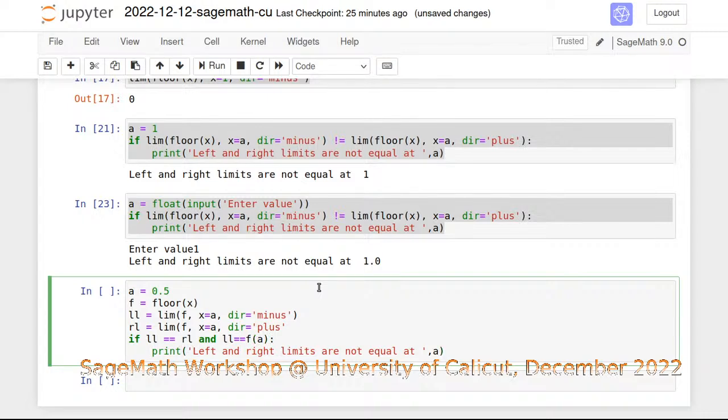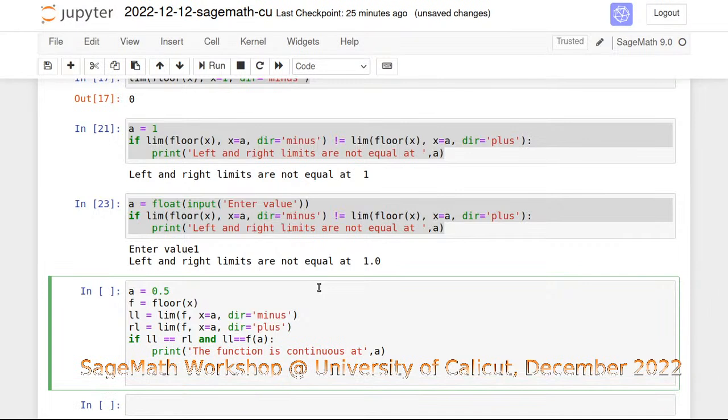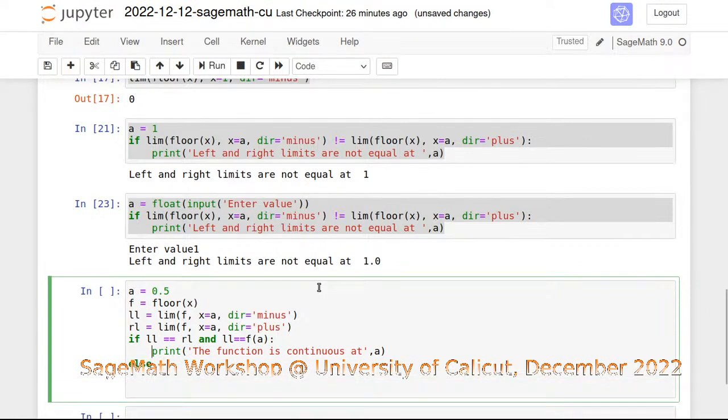What you can say is the function is continuous at this point. Otherwise we can say, didn't I close that? LL equal to RL and, okay, bracket is missing. Otherwise we can say the function is not continuous.